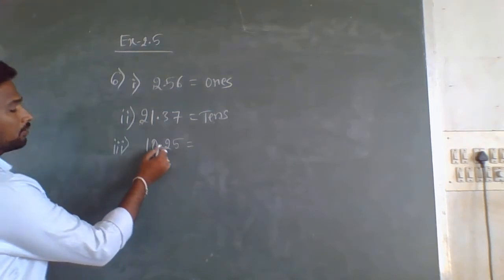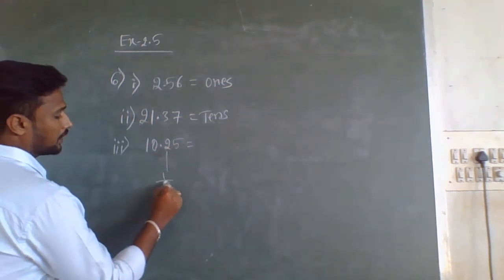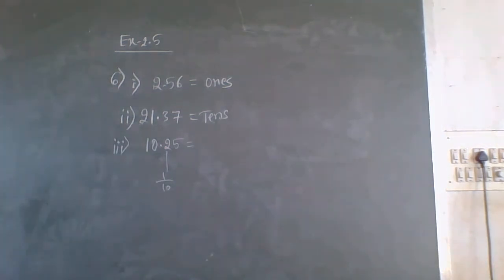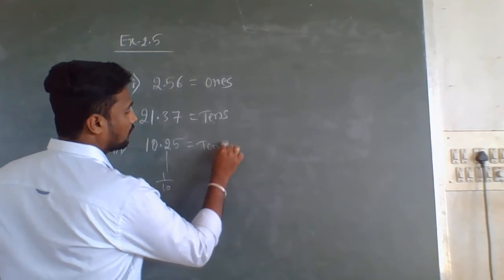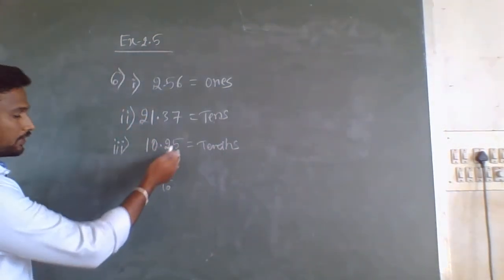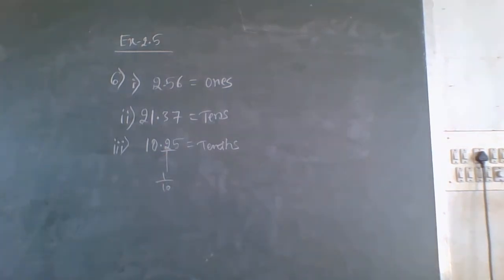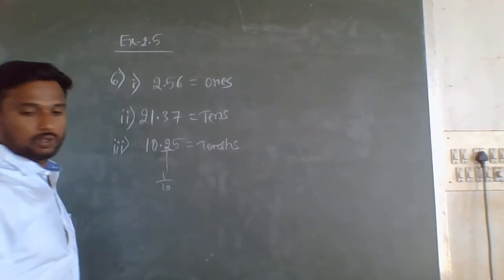You know that after the decimal point, the first position is 1 by 10, meaning tenths position. So here I will write tenths position. This is after the decimal point, at the position 1 by 10, meaning tenths position.